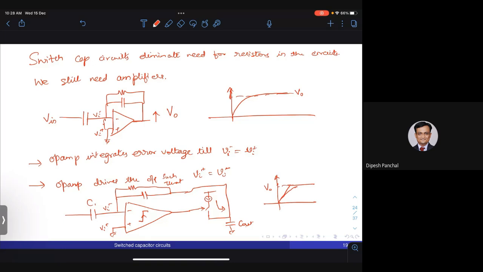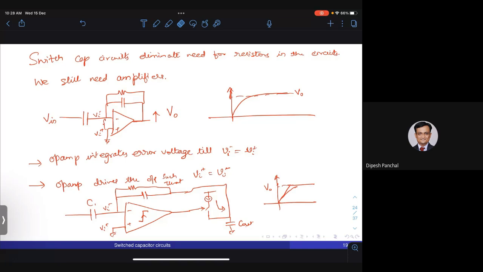So basically what we are doing is detecting the virtual short condition being reached rather than forcing it and driving it to that condition. When you use an op amp, the op amp drives the output in order to make Vi plus equal to Vi minus.